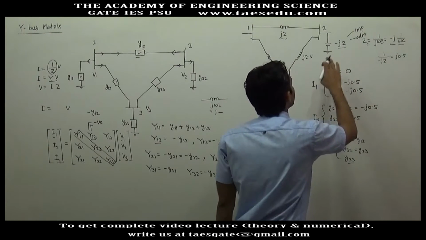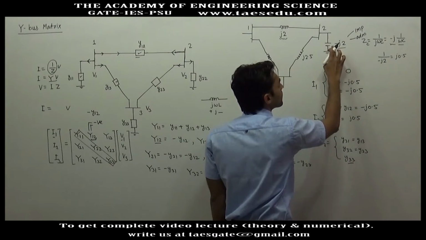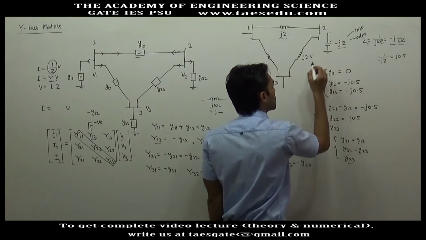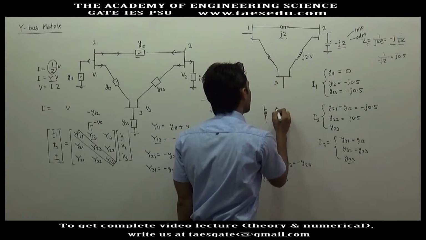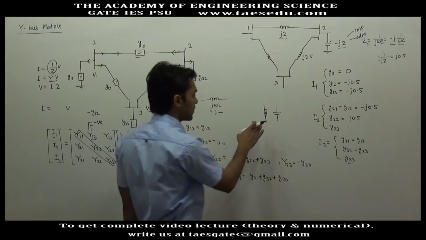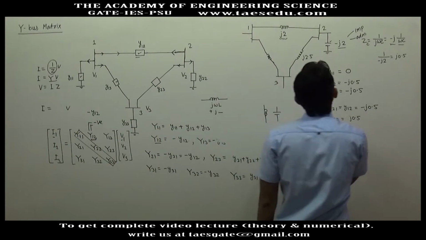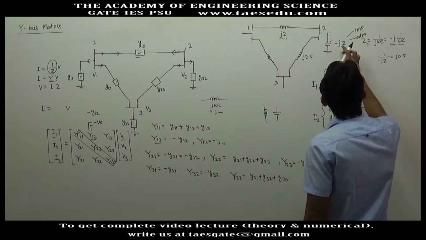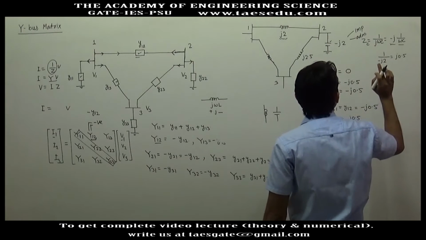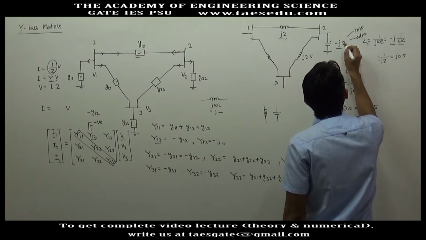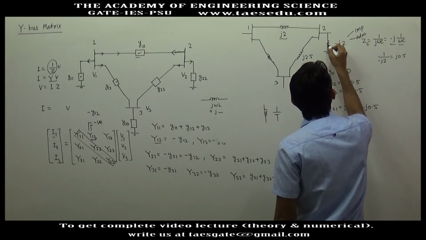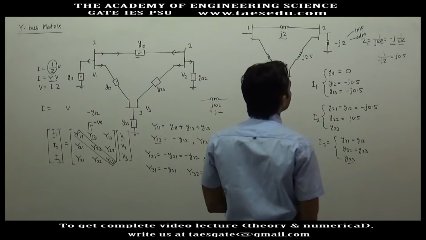Here the notation, whether it is a capacitor or inductor, is also important. And whether it is given as plus j or minus j is also important. Let's say you are given minus j2 only, but you are given an inductor.